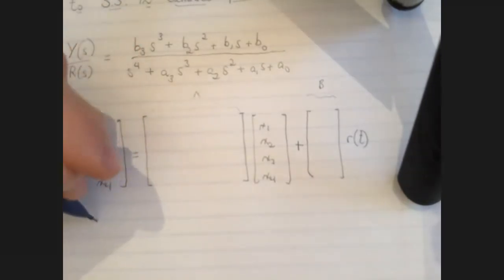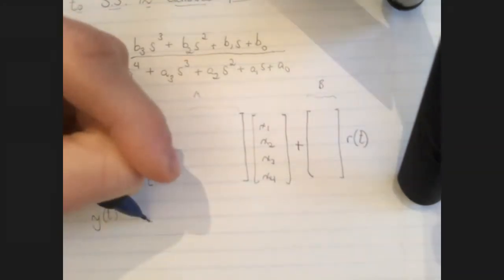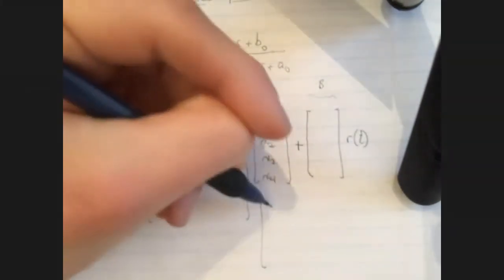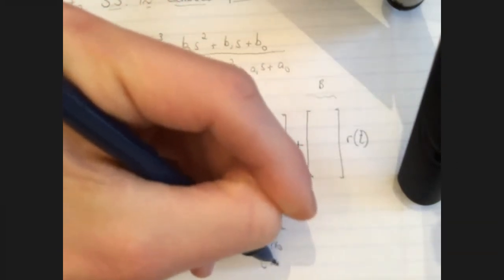Now let's scroll down just a bit and set up my y equation. So here I would have y of t. Then I would have my C matrix, which is going to be a row vector, again, of 4 entries, times x1, x2, x3, x4 over here. And then plus, if you guys remember, a 1 by 1 matrix times r of t.